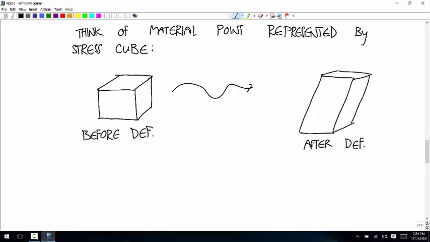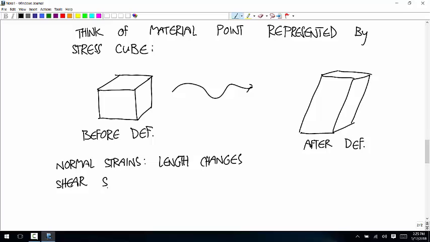So normal strains are the length changes. And shear strains are the angle changes.